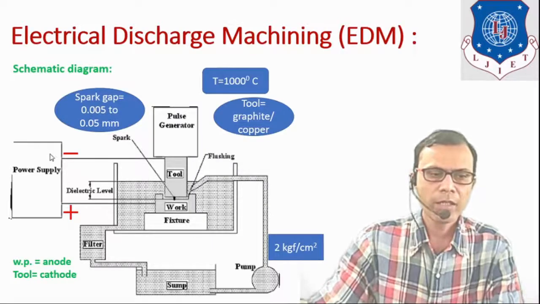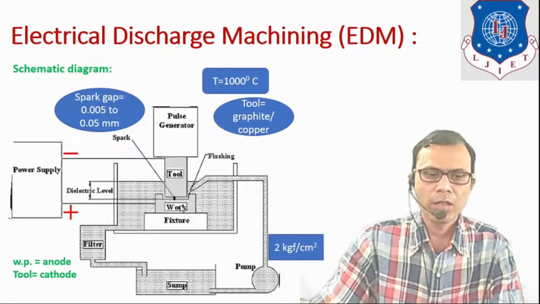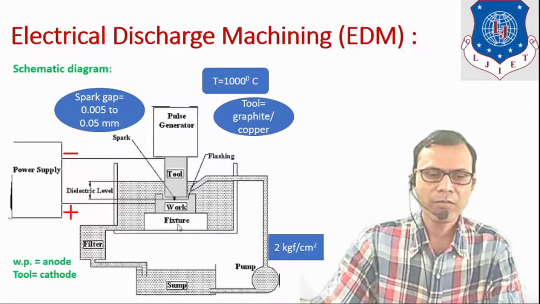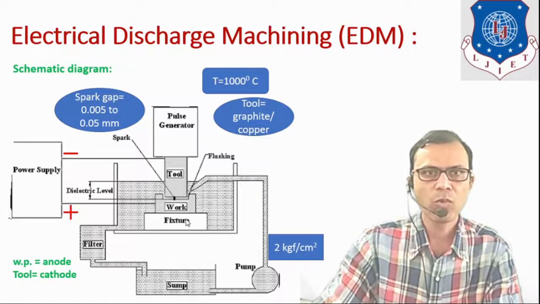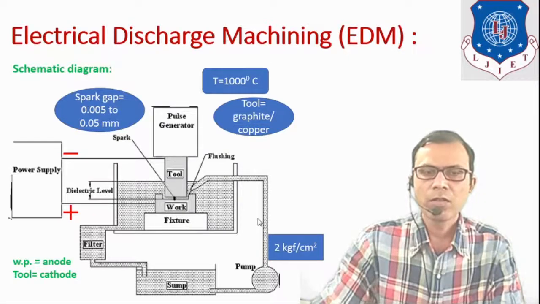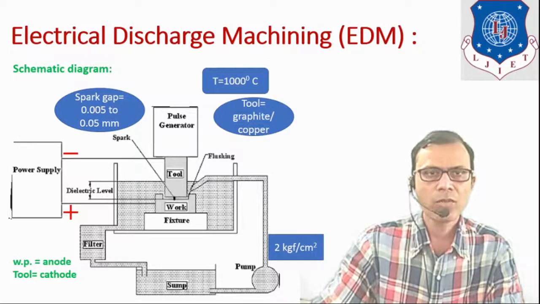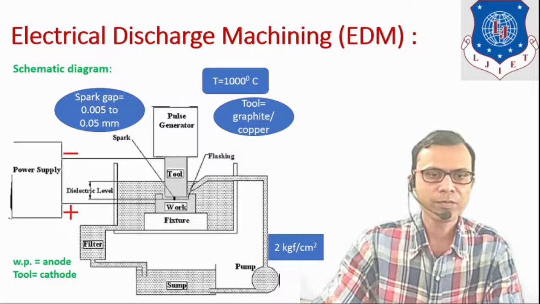It requires a DC power source, then a cutting tool which is generally made of graphite or copper, a workpiece, a fixture to hold the workpiece and provide the movement, then dielectric medium, and a sump and pump to supply the dielectric fluid to the interface of workpiece and cutting tool.